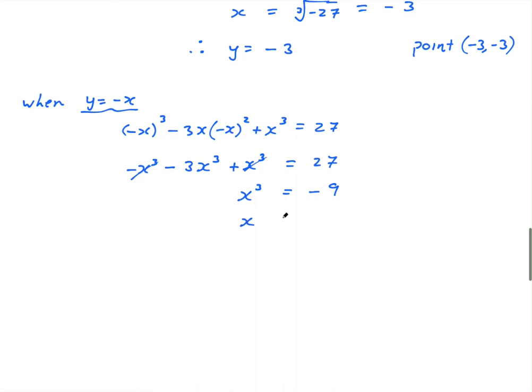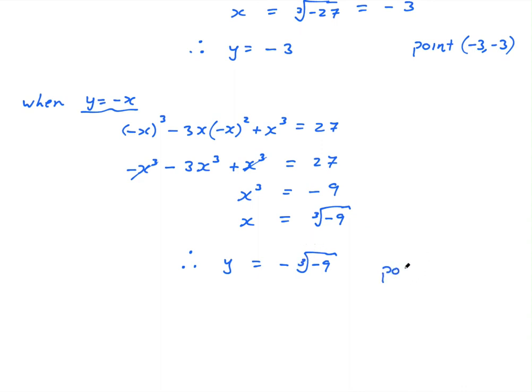Therefore, x is equal to the cube root of negative 9. Now, this is a paper 1 question, and I don't have a calculator, so I'm just going to have to leave it as x is equal to the cube root of negative 9. Therefore, y is equal to negative the cube root of negative 9.